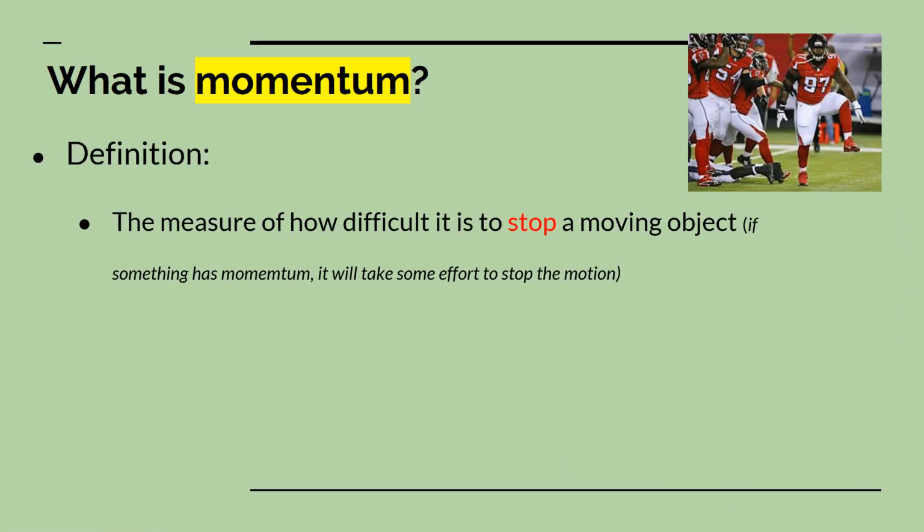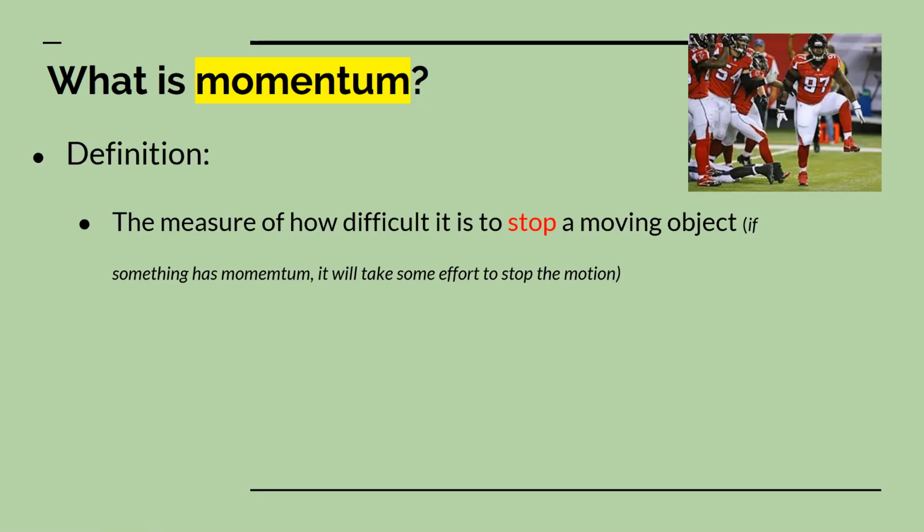If a truck is, or even a bicycle, or maybe you're on a scooter going down a hill, it's going to take some effort to stop it. So momentum is basically, if you have an object, a person or a thing, and it's moving, then momentum is like how difficult it is to stop it.